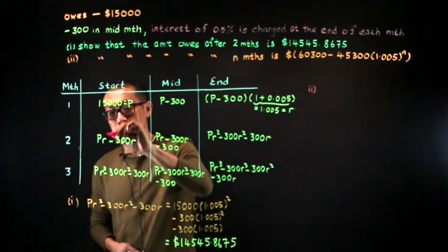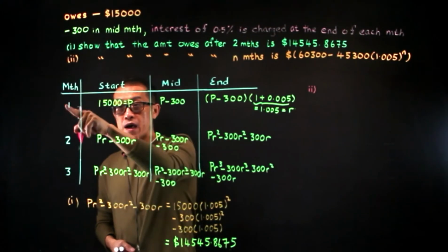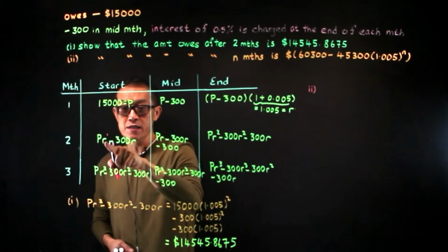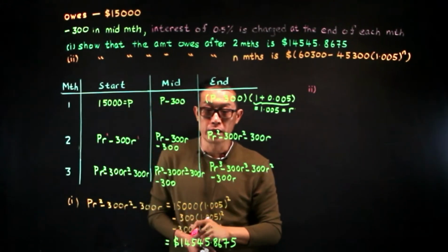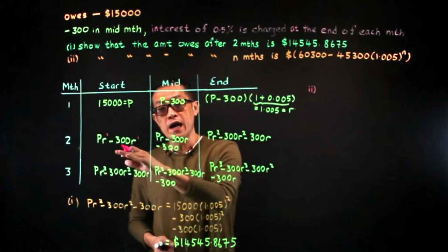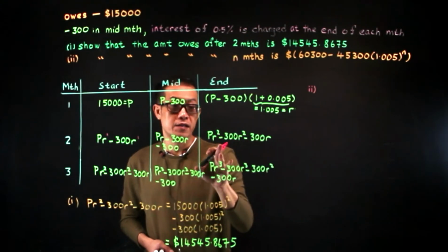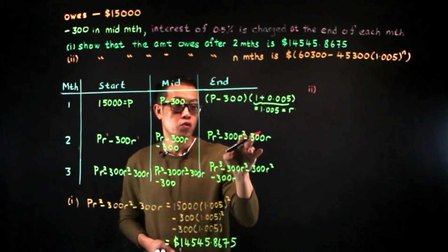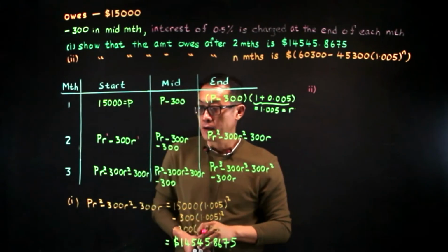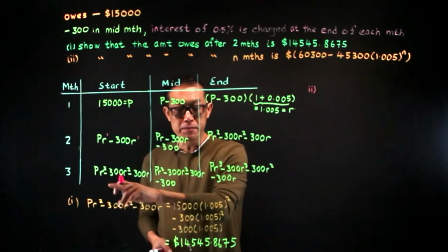So when this is the first month, this is R to the power of 1. Now, what about the end of the second month? At the end of the second month, you find that this is 2, 2, 1. Now, how about the third month?